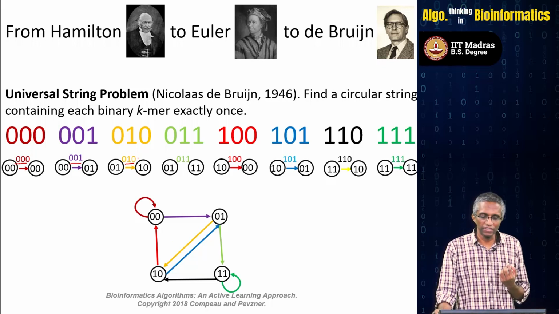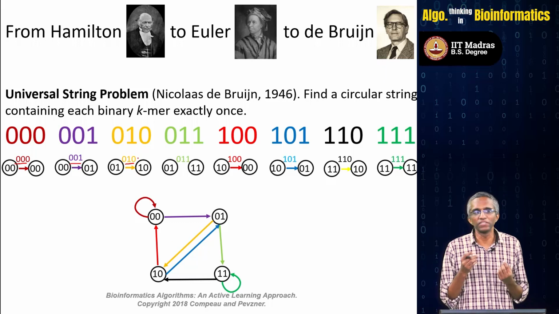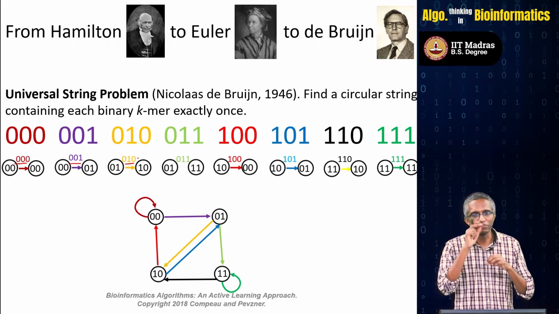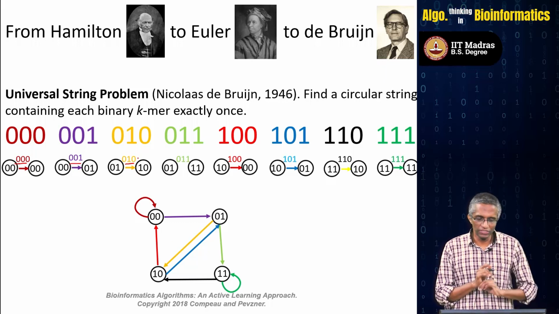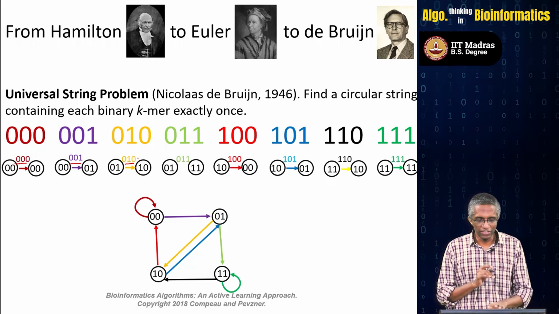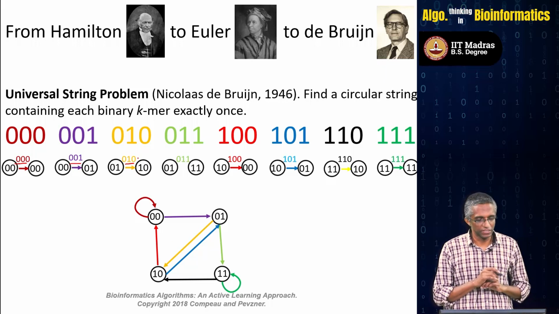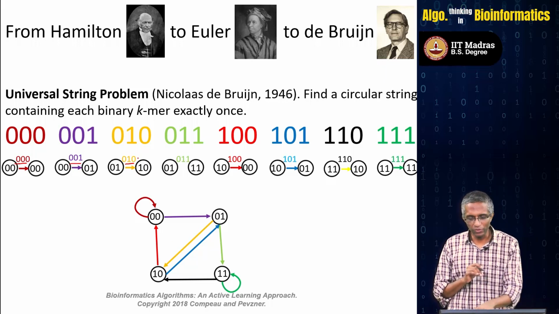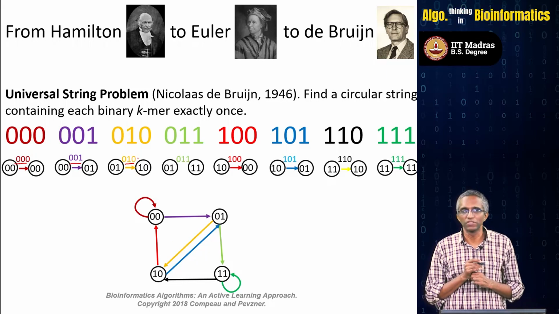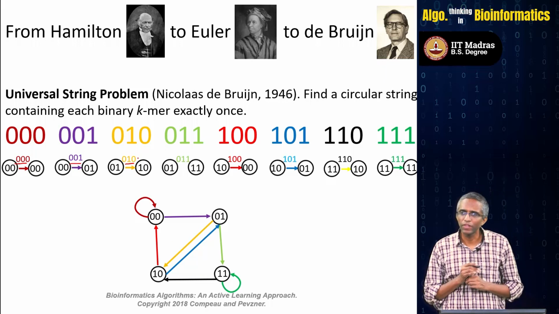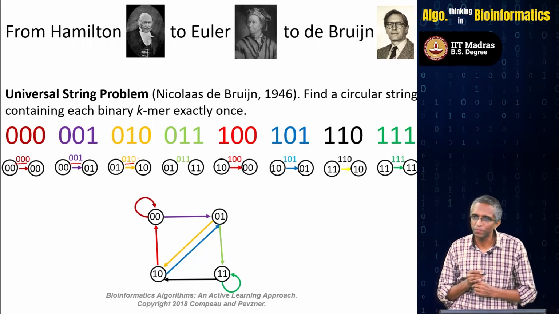An Eulerian cycle is an Eulerian path that starts and ends at the same node. It starts at a node, visits every edge exactly once and comes back to the same node. If this graph admits such an Eulerian cycle, then you know that you can construct a circular string that will contain each of these k-mers exactly once. We're always considering 3-mers, but can it be 4-mers and 5-mers?